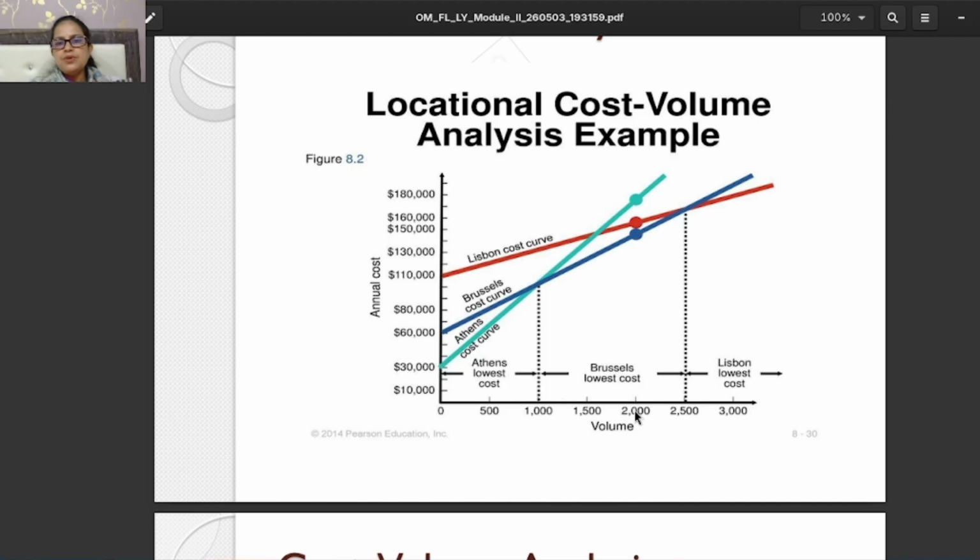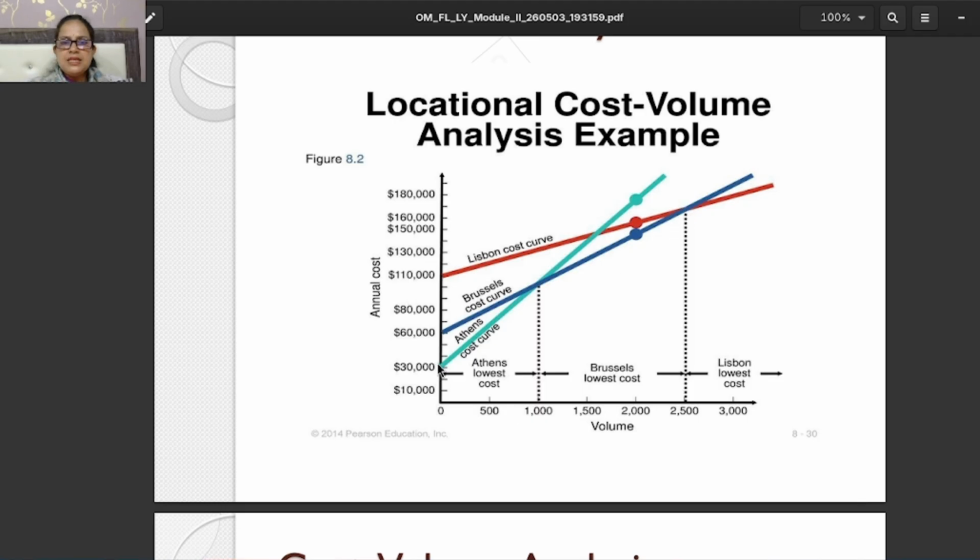We are producing more than 1,000 and less than 2,500, so we are only discussing these two. One break-even is at 1,000 and the other is at 2,500.